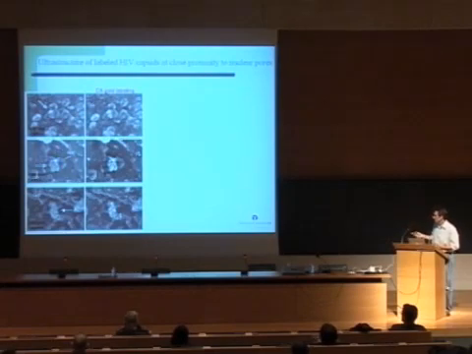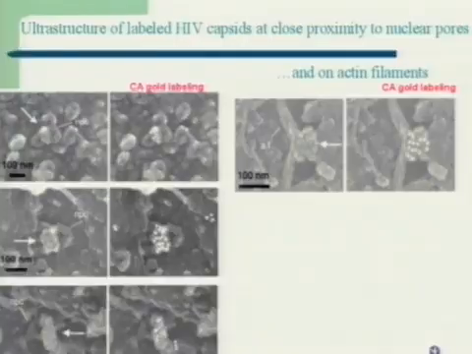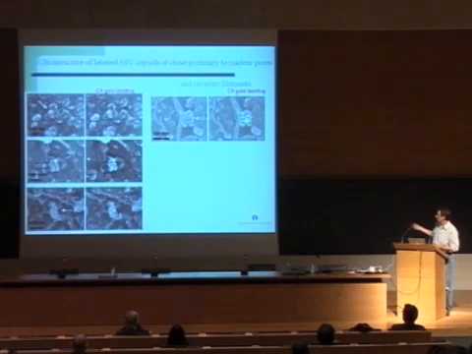Capsid gold labeling showed very heavy staining, confirming the viral nature of this structure. We also see capsid structures in proximity of the nuclear pores, on the actin filaments that surround the nucleus, again heavily labeled with anti-capsid immunogold antibodies.